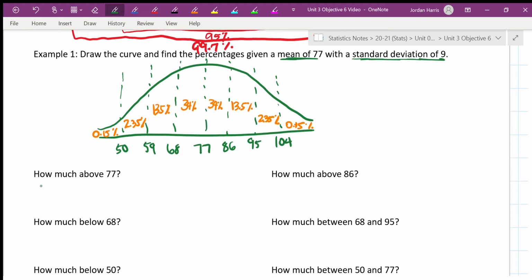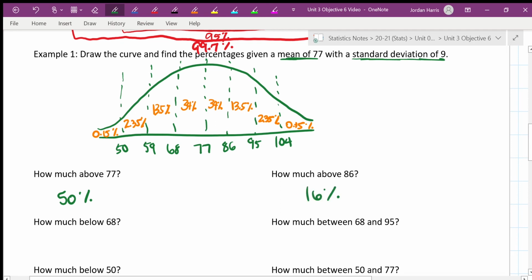So, how much is above 77? Above 77, you add all these up, 34 plus 13.5 plus 2.35 plus 0.15, and you get 50%. How much above 86? You add up 13.5, 2.35, and 0.15, because they're the ones above 86, and you get 16%.